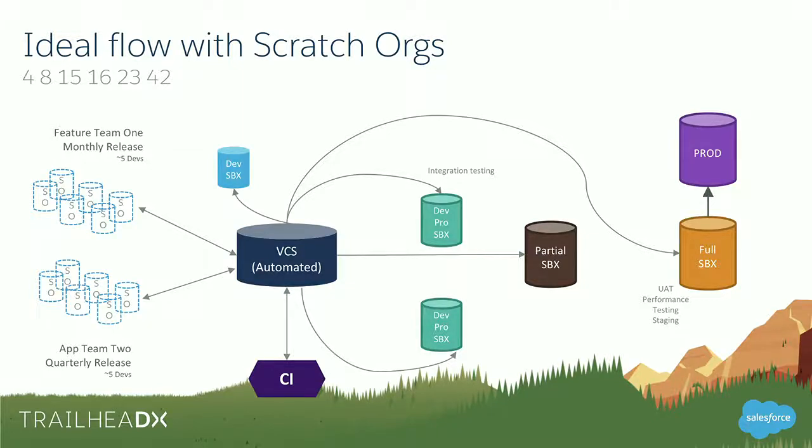And in the case of prod support, you're working on a scratch org, pushing it into possibly the full sandbox for some kind of testing and UAT before rolling it out to production. So your merge strategy is happening within the realm of a version control system, and this includes not just your Apex code, but also your metadata.